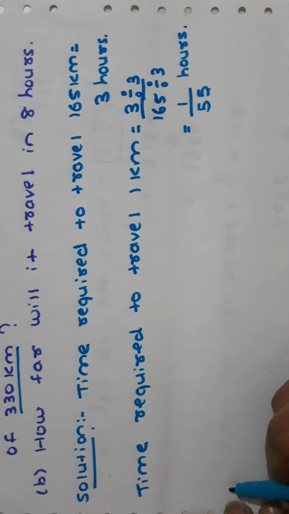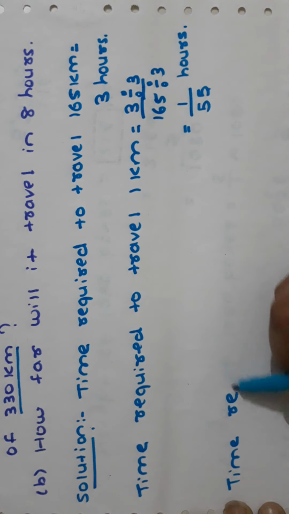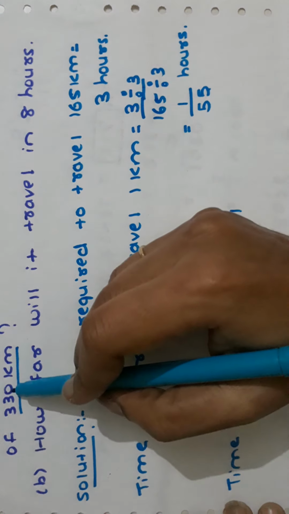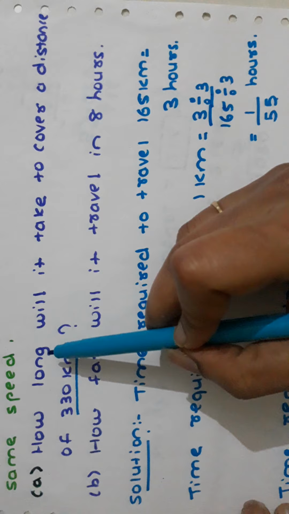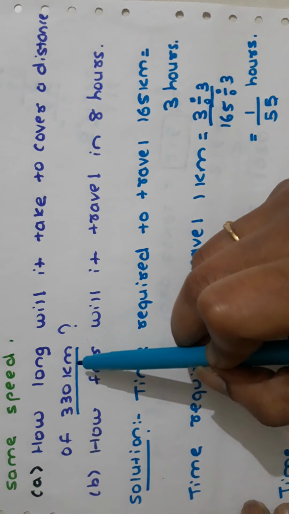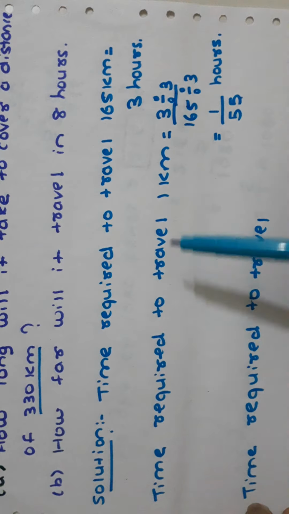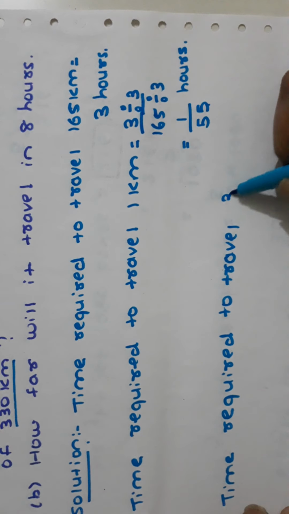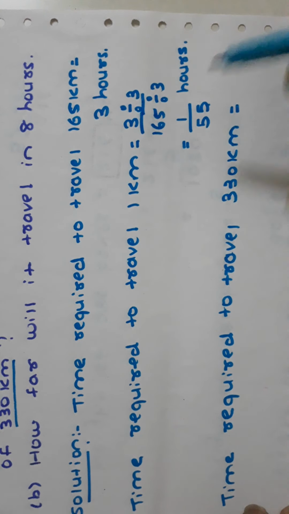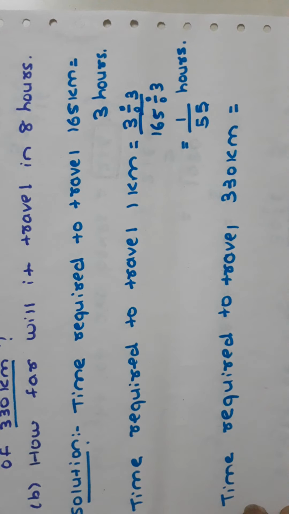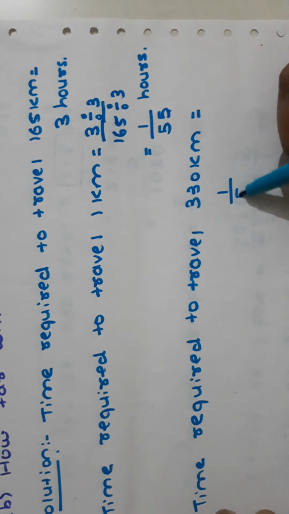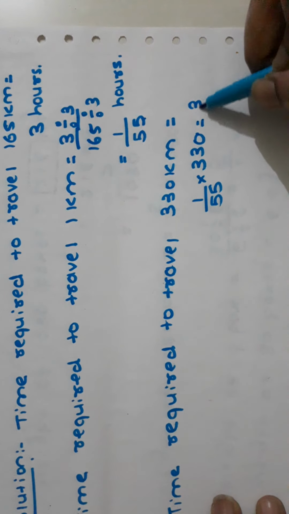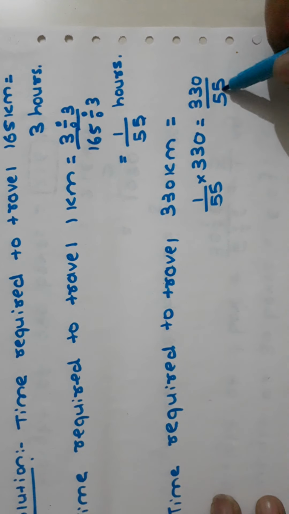So now we will find the time required to travel 330 kilometers, because we need to find the time taken to cover a distance of 330 kilometers. Since we know that the time required to travel 1 kilometer is 1 upon 55 hours, the time required to travel 330 kilometers is equal to, from 1 to many, we will use the operation of multiplication. 1 upon 55 into 330. This is nothing but 330 upon 55.